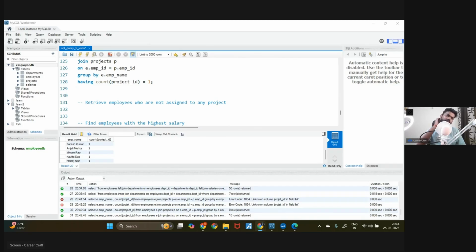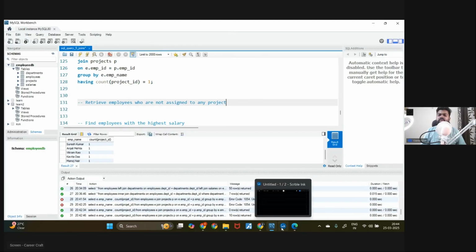What about other people? Piyush, I don't know how you write these queries, but I sometimes feel that you unnecessarily make the query complex. Why write having count star equals to 0? Doesn't make much sense.